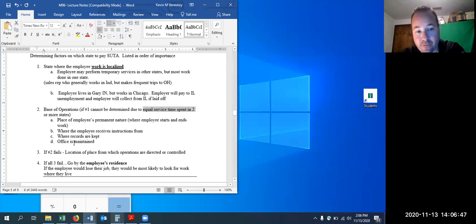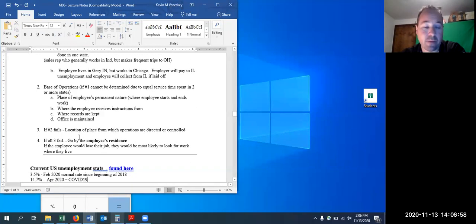Then there are a couple of other criteria you can look toward, and wherever these fall, that's going to be the state you use. If for whatever reason number 2 fails, then where are your instructions coming from? Where is the company? Where are your supervisors located? That's going to be the state.